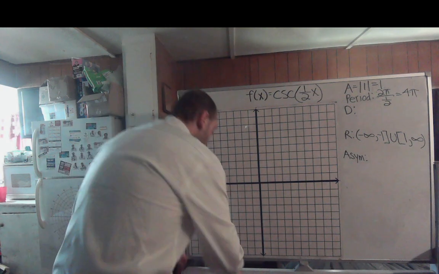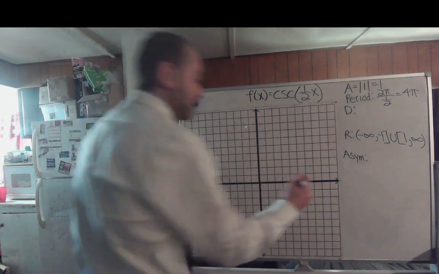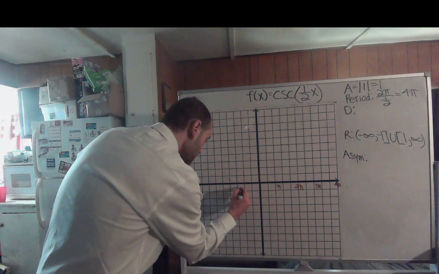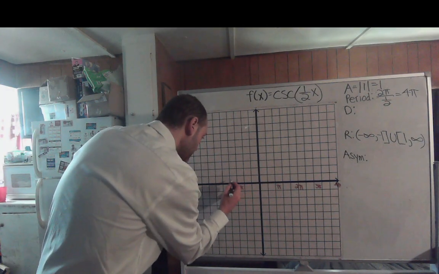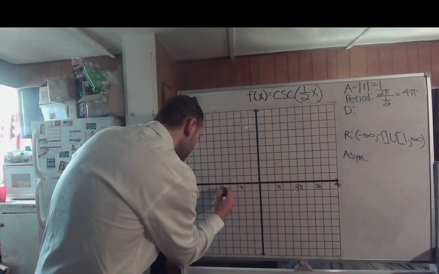So let's plot all of our critical points on the graph. You actually have a period of 4 pi this time. Here's 3 pi. Here's 2 pi. Here's pi. Negative pi. Negative 2 pi.